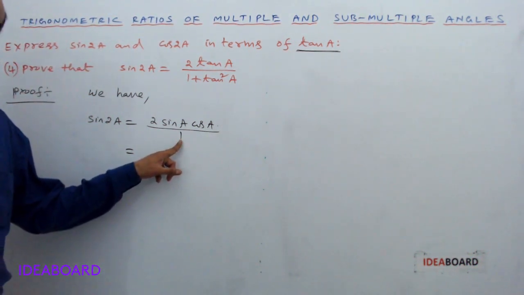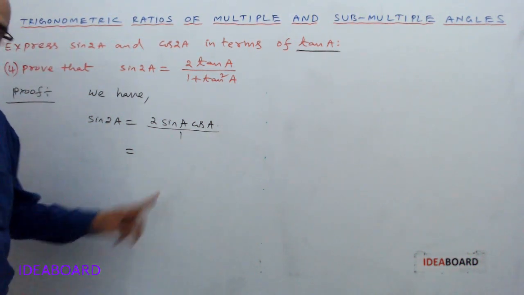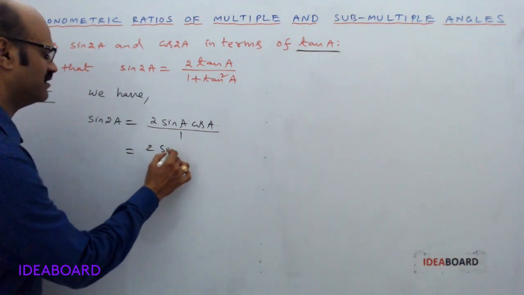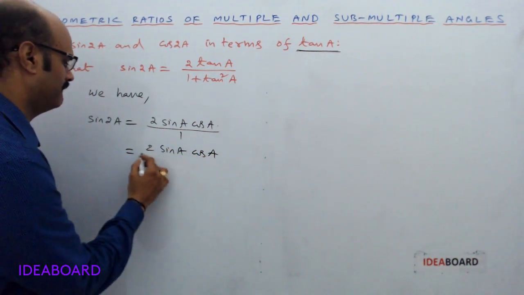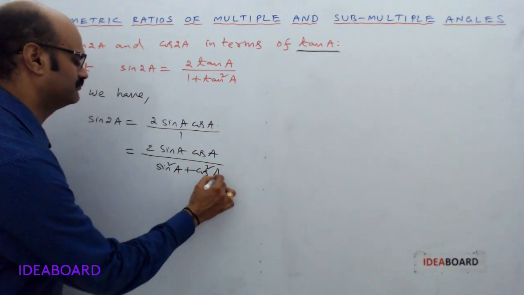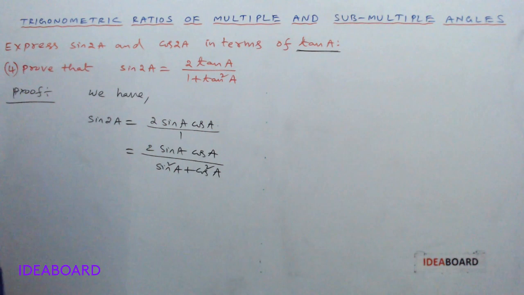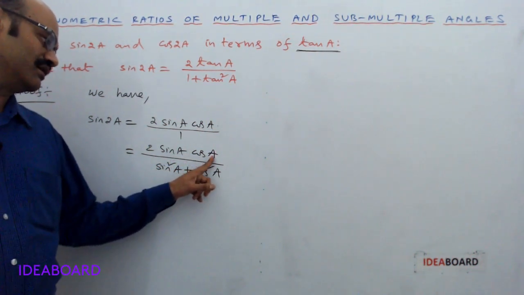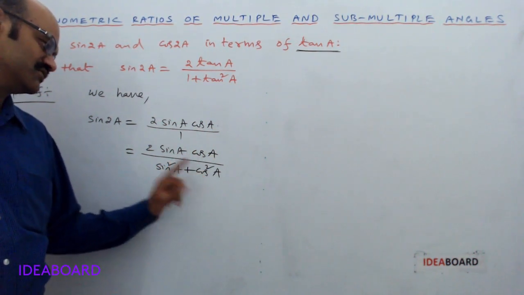And we know that 1 equal to sin square A plus cos square A. So 2 sin A cos A by sin square A plus cos square A.